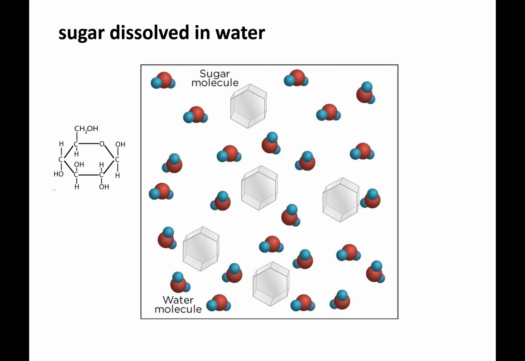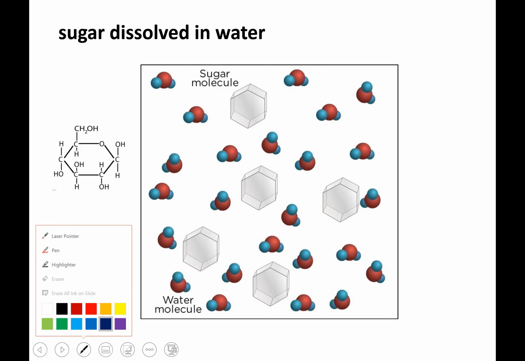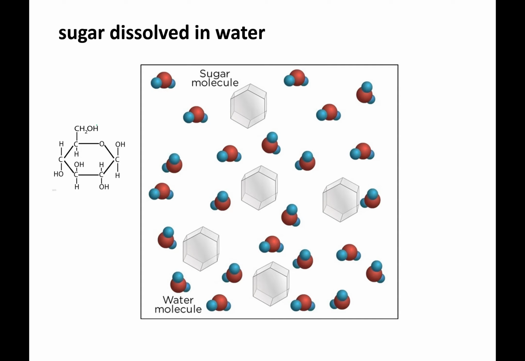This is showing some sugar molecules, the big hexagons surrounded by water. You would know this sugar is polar because look, it has five oxygens and five OH groups, and another oxygen, and it's not a long chain of just carbons and hydrogens. That's really what you're looking for. So this is polar.